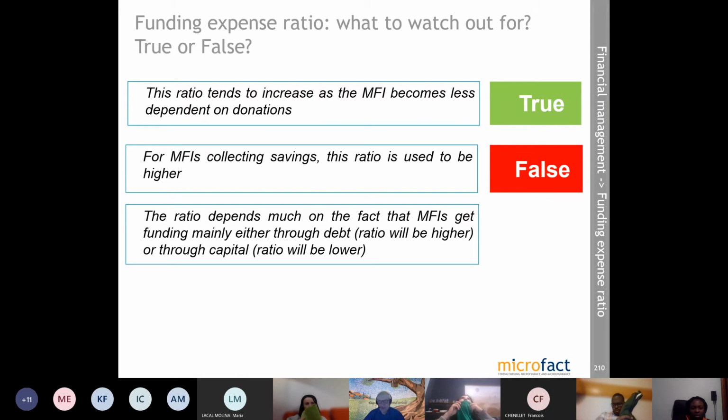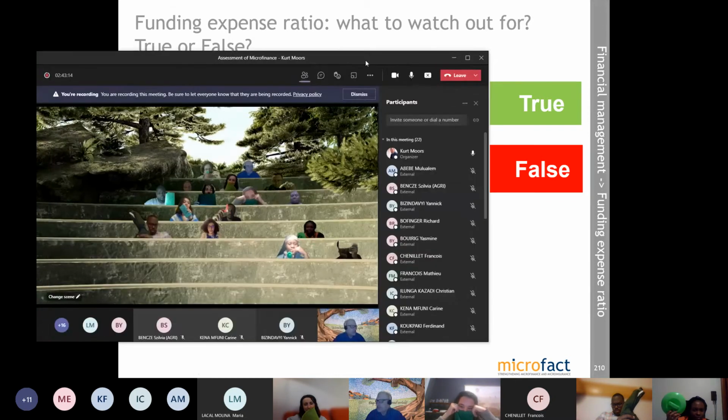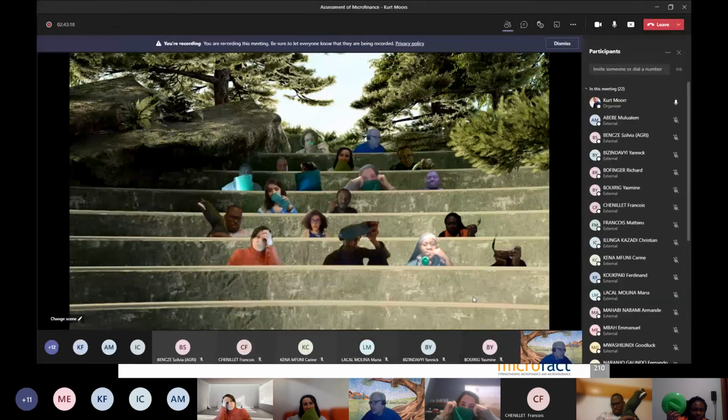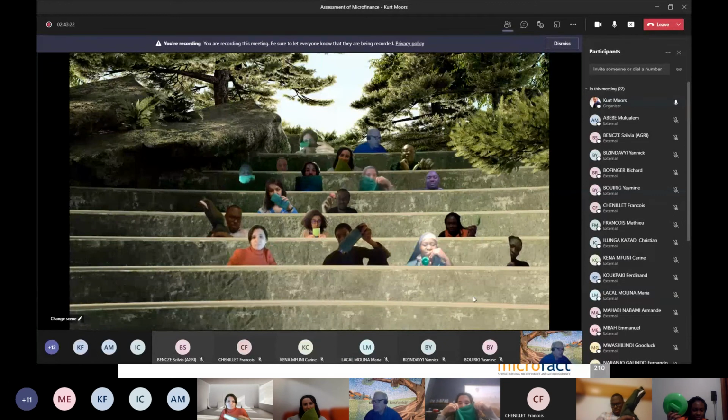With capital financing, the ratio will be lower. Is this correct? I see green, green, green. You can see it. Check yourself what your other colleagues are saying. And I see a little bit of red. I see a red shirt here in front. Oh no, but it's green.